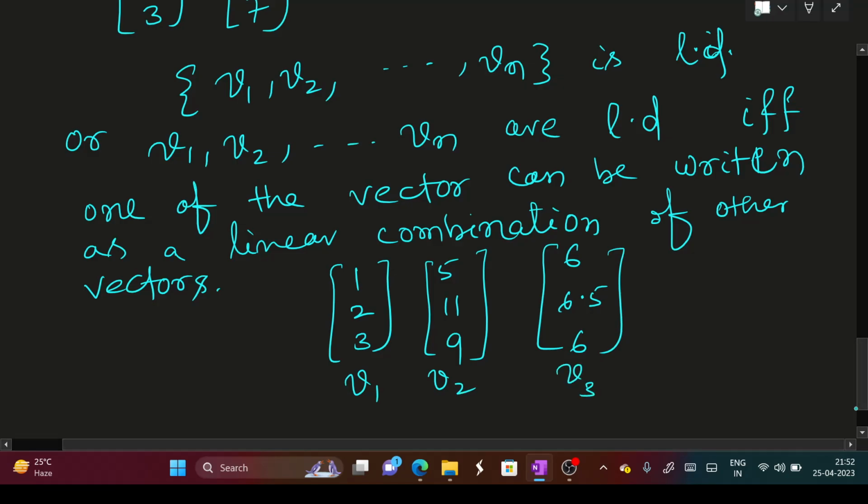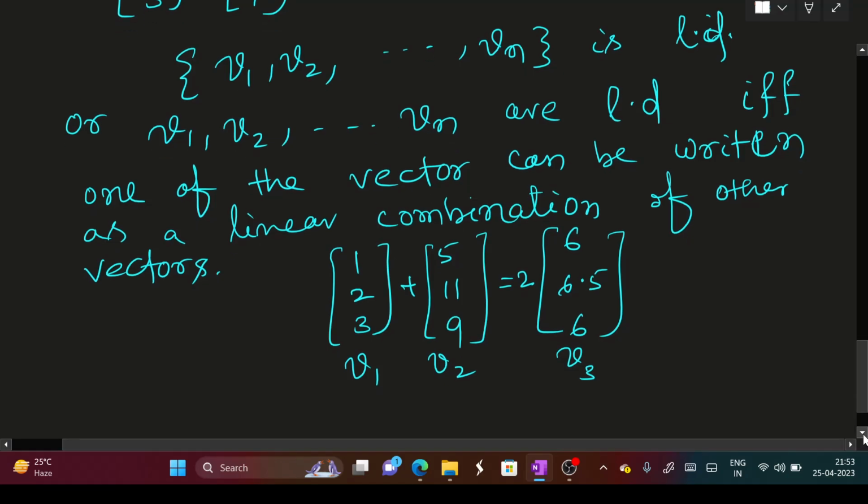Now, these three vectors are linearly dependent because half of this vector plus half of this vector is equal to this vector.